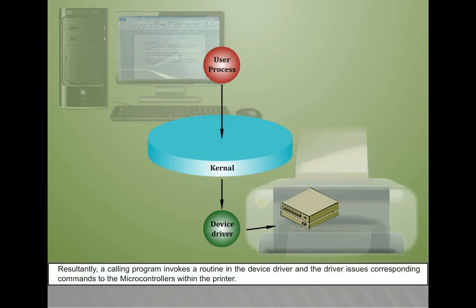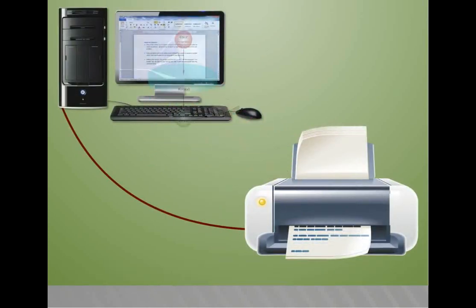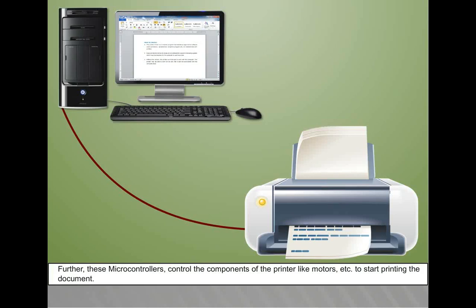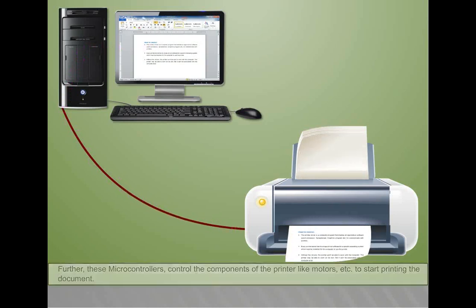Resultantly, a calling program invokes a routine in the device driver, and the driver issues corresponding commands to the microcontrollers within the printer. Further, these microcontrollers control the components of the printer, like motors, etc., to start printing the document.